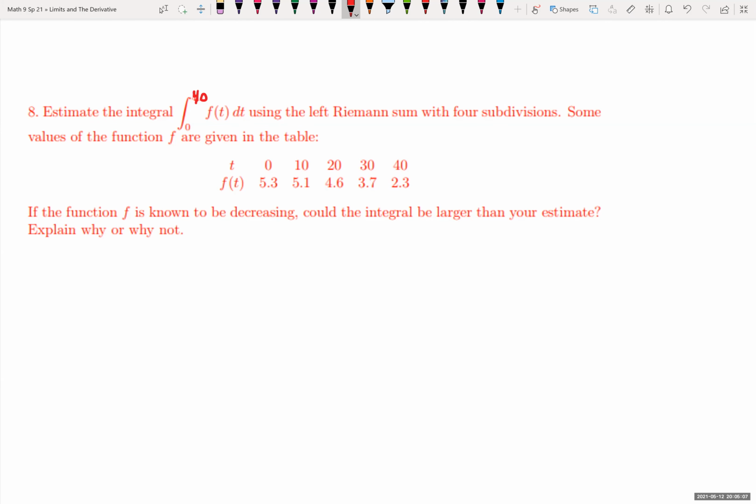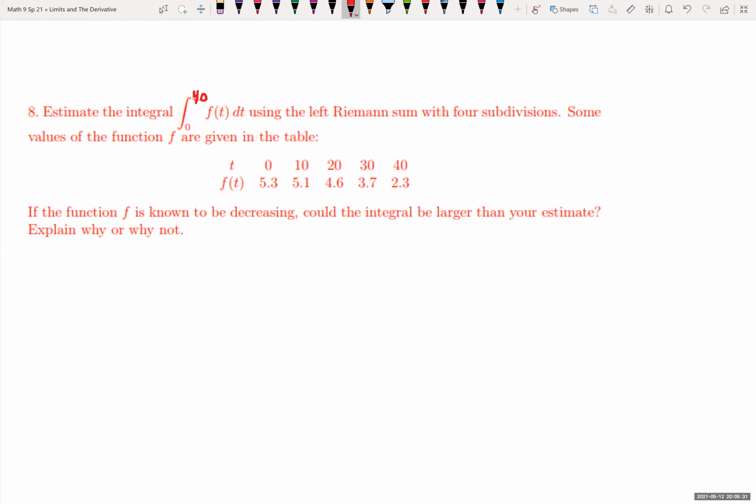So I have a question before us, and it says, let's estimate the definite integral from 0 to 40, f of t dt, using the left Riemann sum with 4 subdivisions. Some values of the function f are given in the table. They give us t equals 0, 10, 20, 30, and 40.